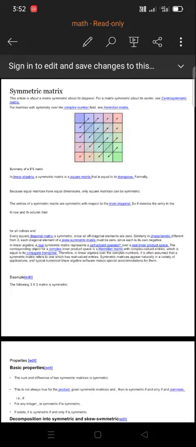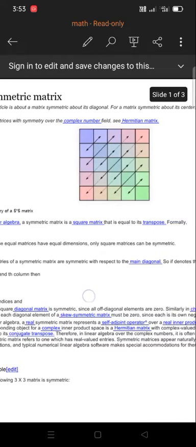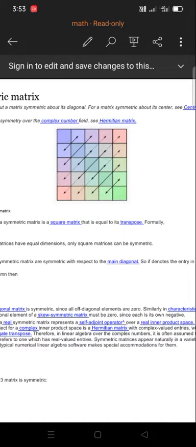Today I am explaining a new approach to diagonalization of symmetric matrices. First of all, we need to know about symmetric matrices. This article is about matrices symmetric about their diagonal.